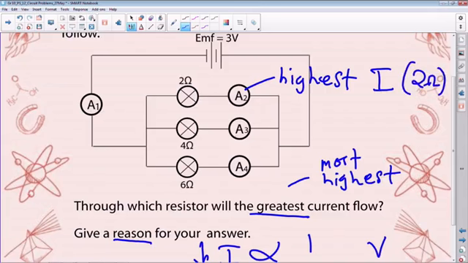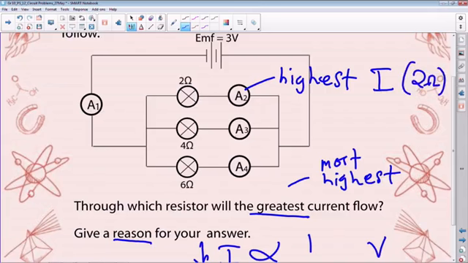On the other hand, the 6 ohm resistor will have the smallest current, because of that mathematical relationship that exists between current and resistance in a parallel circuit.